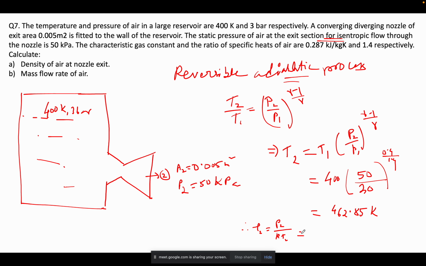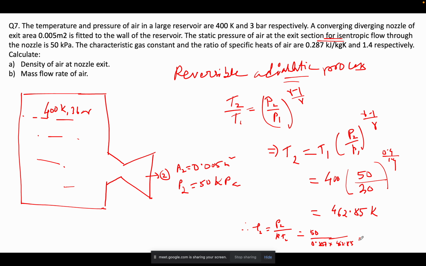So you know P2 is 50, you know R is 0.287, and this will be 462.85. 50 by 0.287 into 462.85.